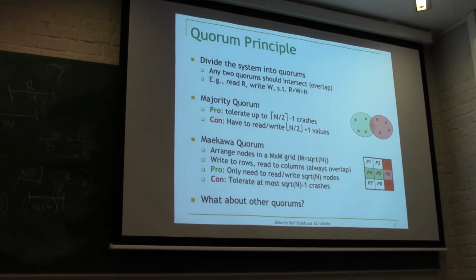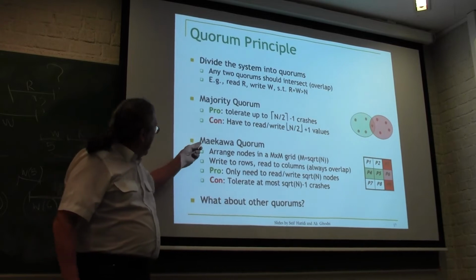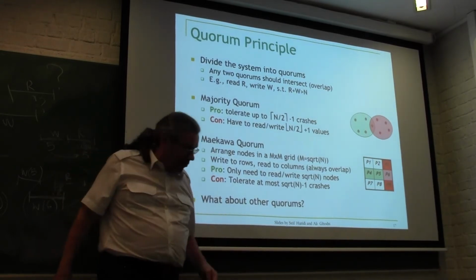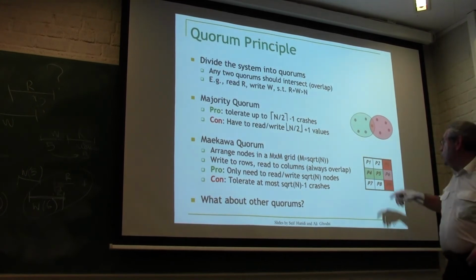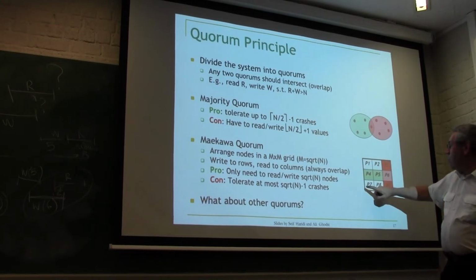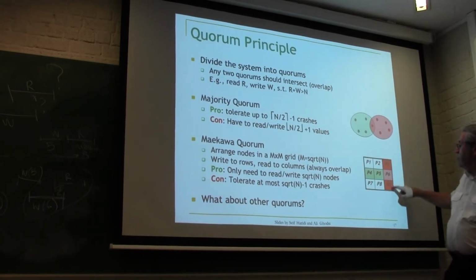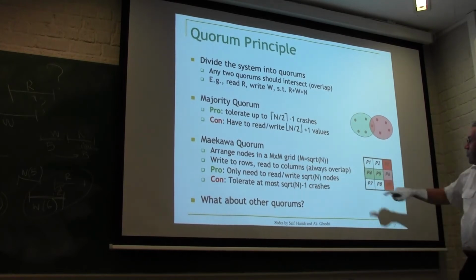Here's another quorum approach. And this is called Maekawa quorum, because there's this guy who invented it. Okay? In this quorum, you arrange the nodes in a square. So here you have 3 by 3, so 9 nodes. If you have n nodes, m will be the side of the grid here.